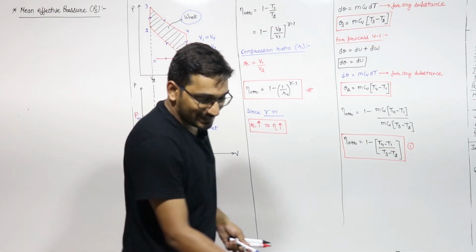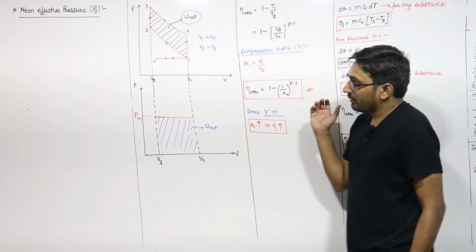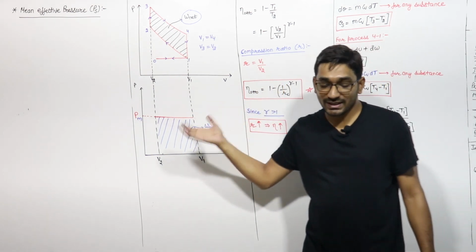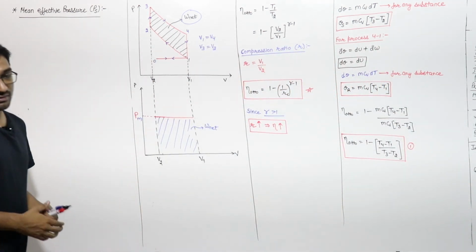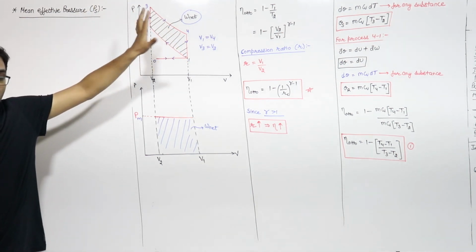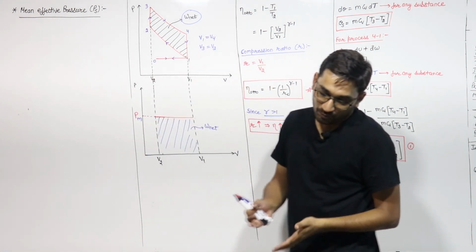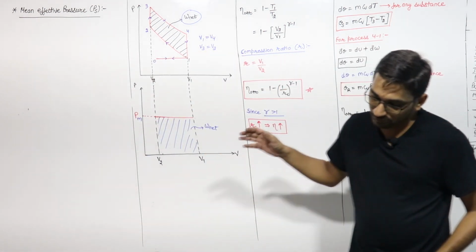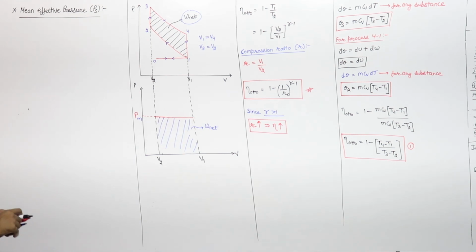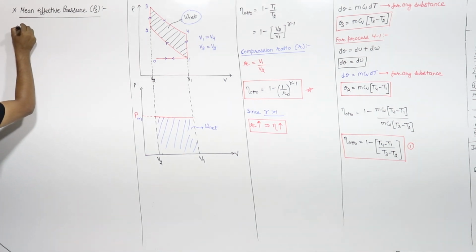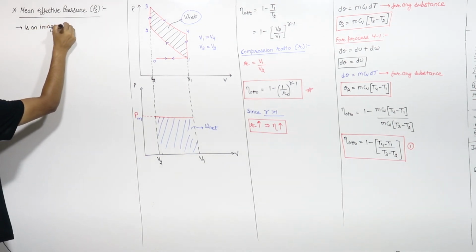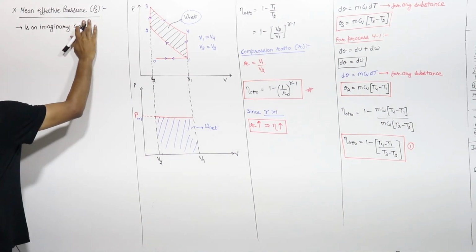Right? So I can say that when we consider an imaginary constant pressure such that it gives us the same net work done as in the Otto cycle for the same change in volume, then that imaginary pressure is known as mean effective pressure. Mean effective pressure is an imaginary constant pressure.